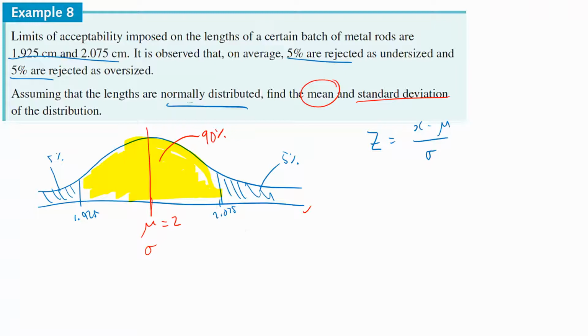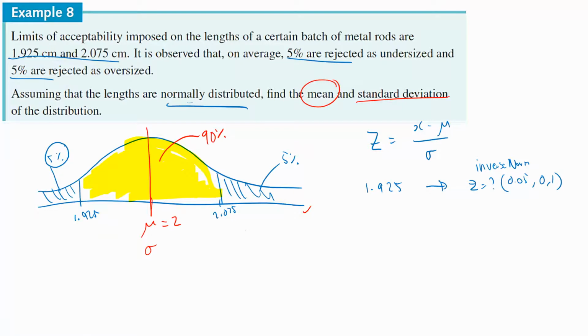So when it's 1.925, I needed to know what the z correspondence to that is. I knew this was 5%. So I could do inverse norm, type in the area. The area was 0.05, mean is 0, standard deviation 1, and this will tell me what the z value equals, based on the area. Okay?